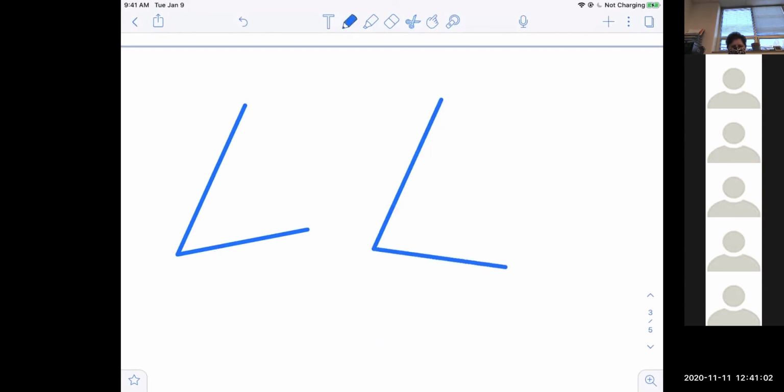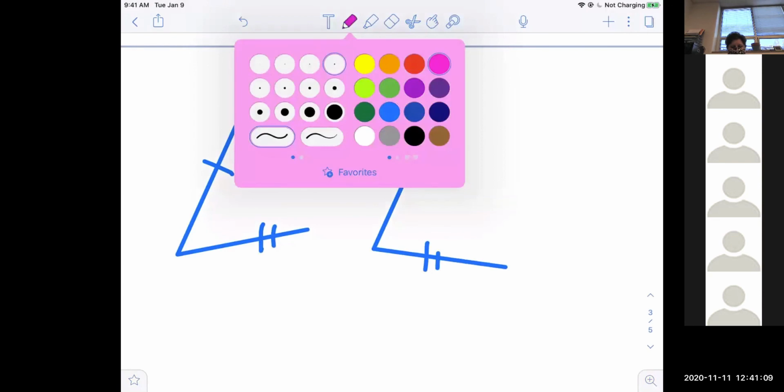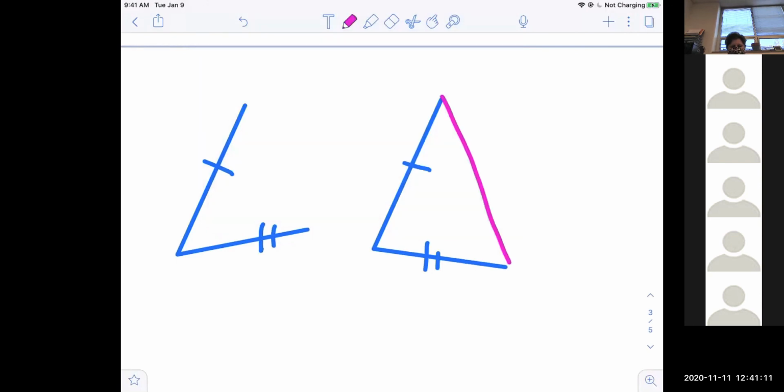Even though those are the same and these are the same, this one's going to be longer, right? Because I kind of opened up that angle. If you give us 2 sticks that are the same size, one of them should be like this, the other one should be like that. That's what I said.